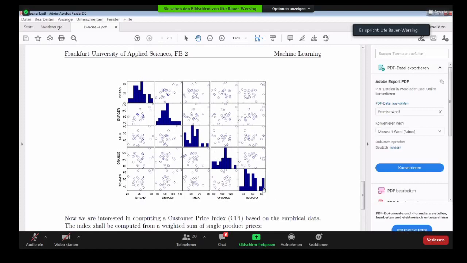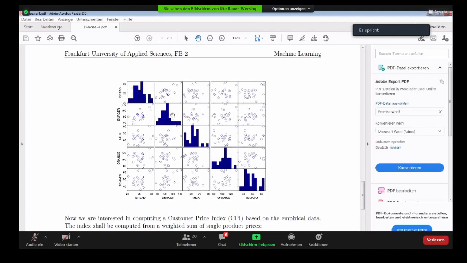On the diagonal, we see a histogram of how the bread price is distributed, how expensive bread is overall.